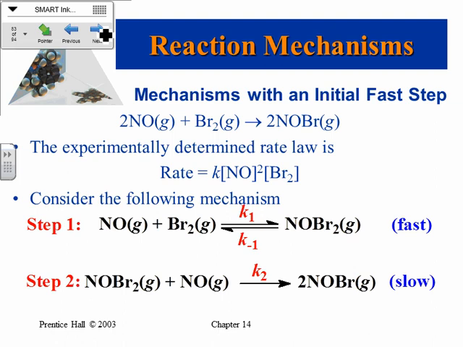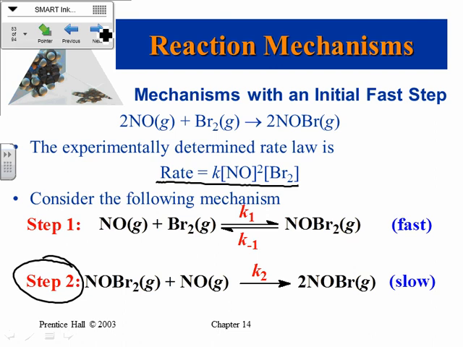Now, notice here, step 2 is the rate determining step, okay? So if you were to write your rate law for this, it wouldn't be this, okay? So we kind of got a disconnect there.